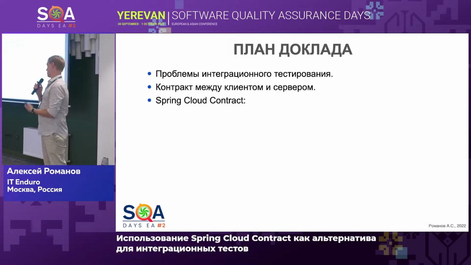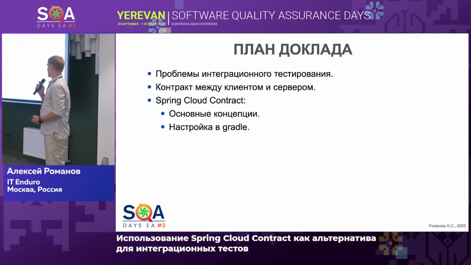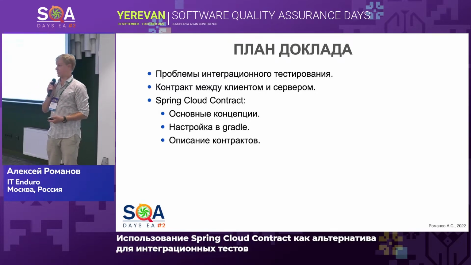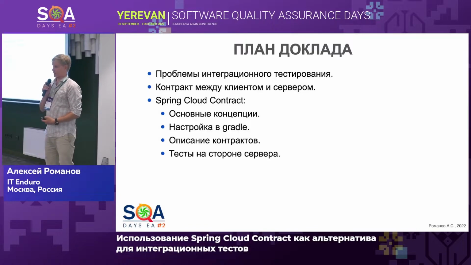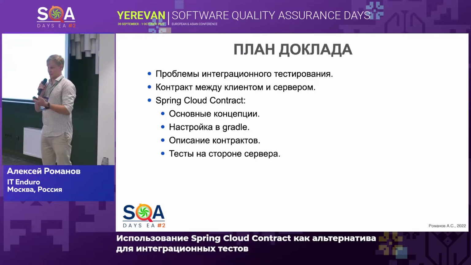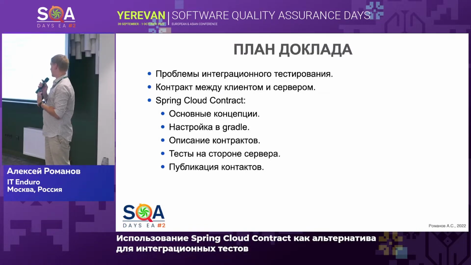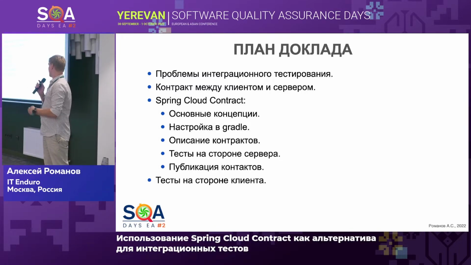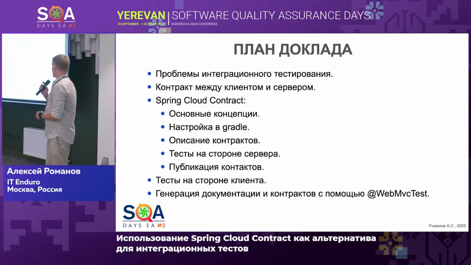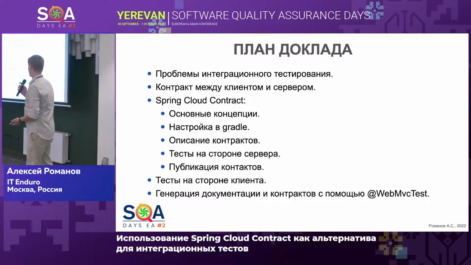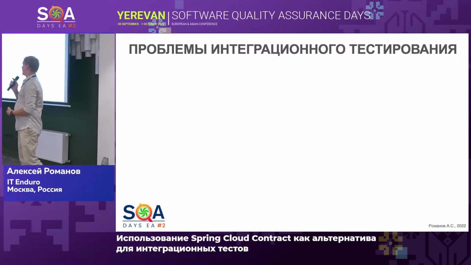Then we'll talk about Spring Cloud Contract: concepts, setup, tuning, and description, publication in Nexus, and working with the client. Server comes first, then client. And in the end we'll talk about documentation and how we can get contracts.